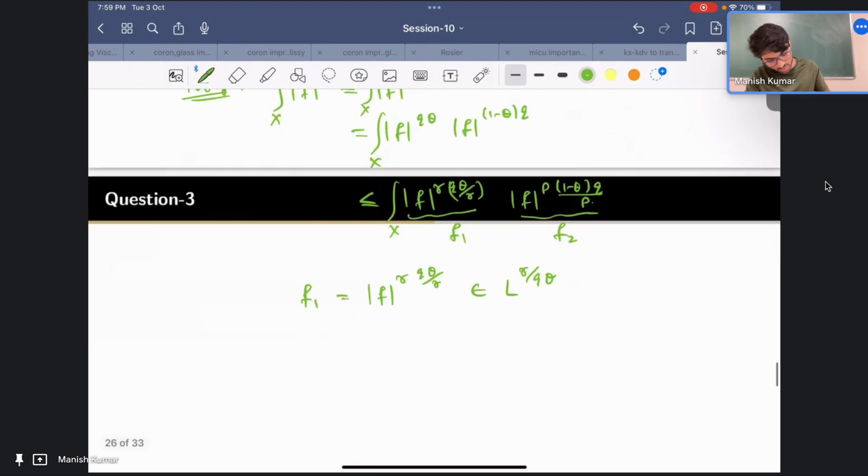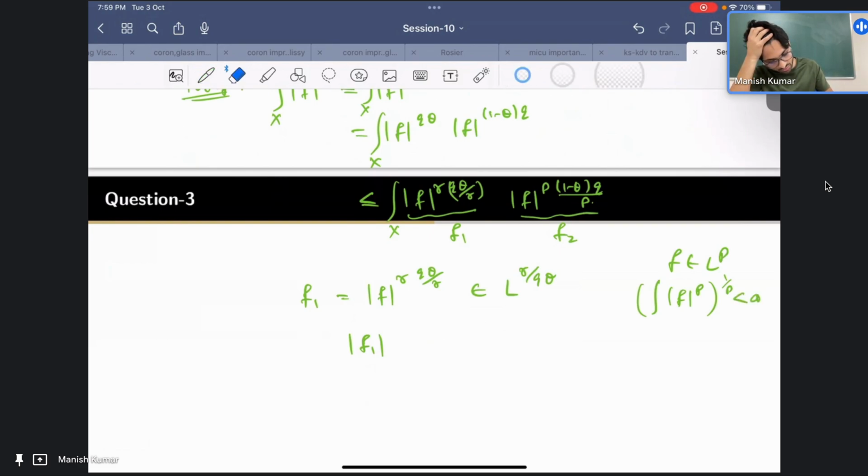Why? Remember that f belongs to L^p means that the integral of mod f^p to the power 1 by p should be finite. This is the general definition. So here I am saying that this function belongs to L^(r by q theta).